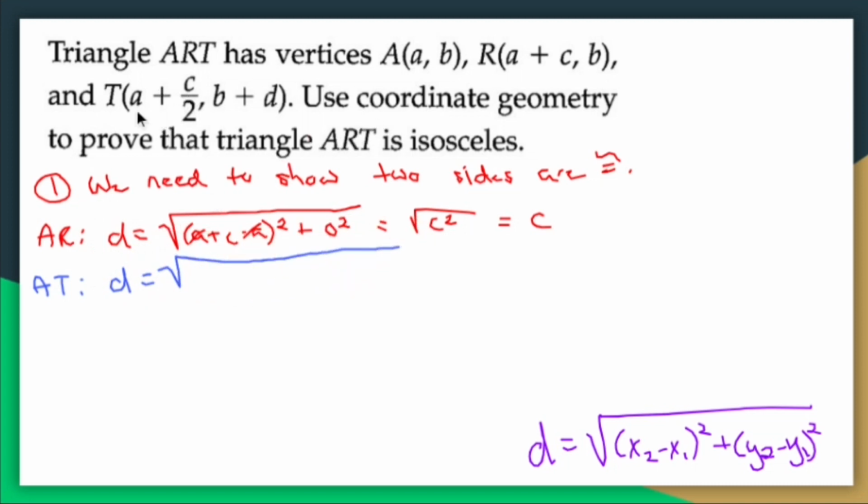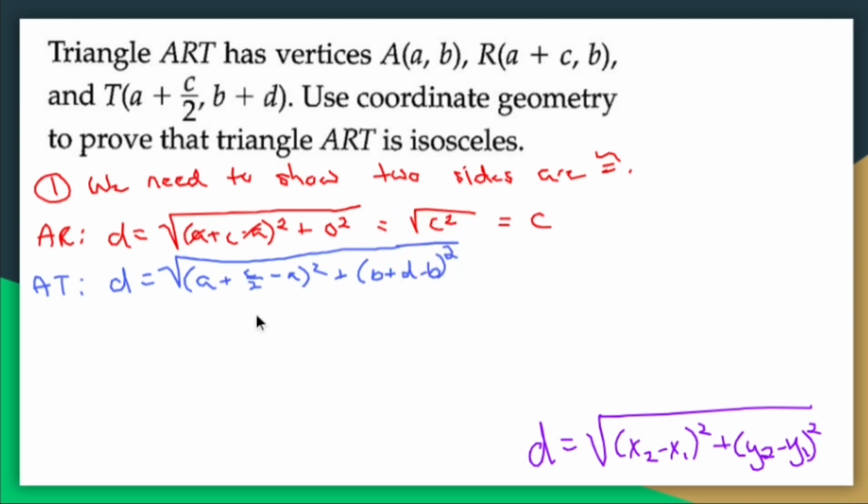Let's let that be my x sub 2, x sub 1. So A plus C over 2 minus A squared plus B plus D minus B, squared.